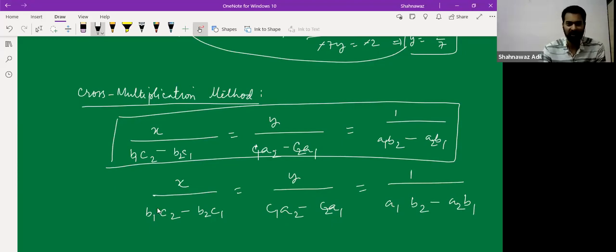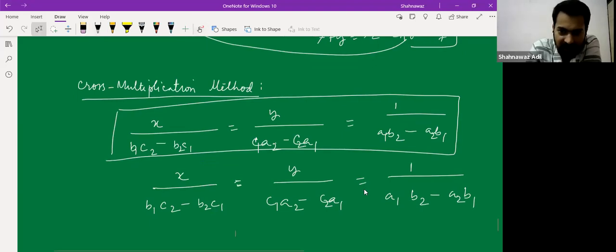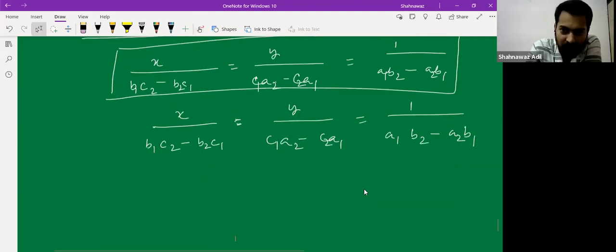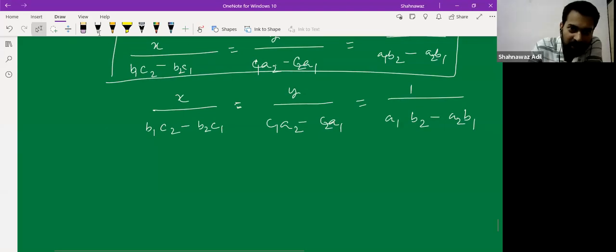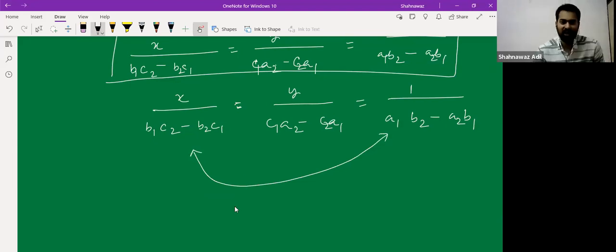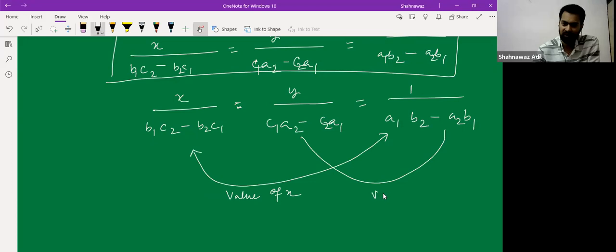So what does this equation tell us? Two equal signs and these three equalities. When we compare this one with this one, we get the value of x, and when we compare this one with this one, we get the value of y.